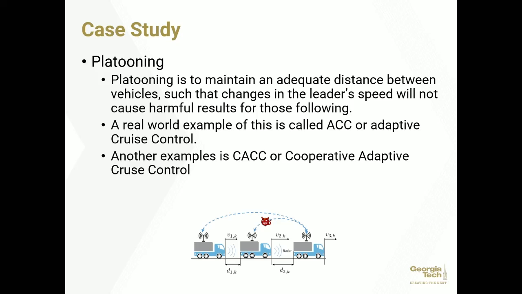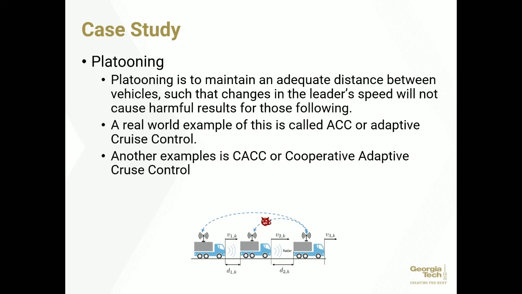So in today's day, you can see that cars like Tesla, some Hondas will actually have ACC, Adaptive Cruise Control, where they sense the car in front of them and adapt their own cruise control in order to keep a set distance away from those in front of them.